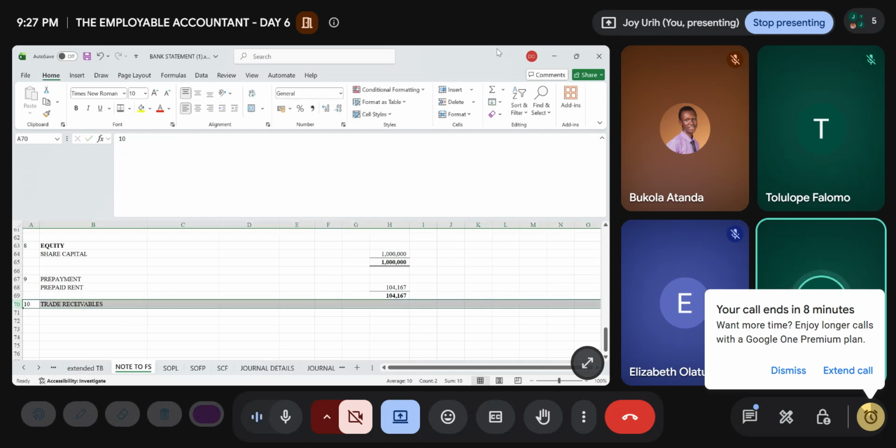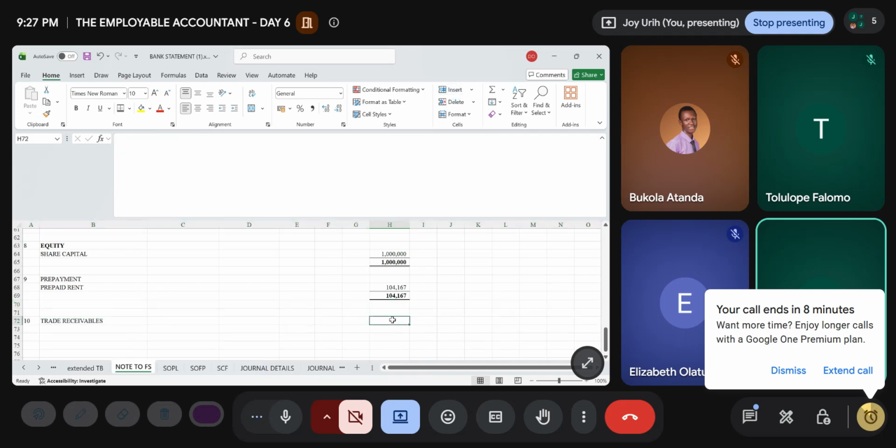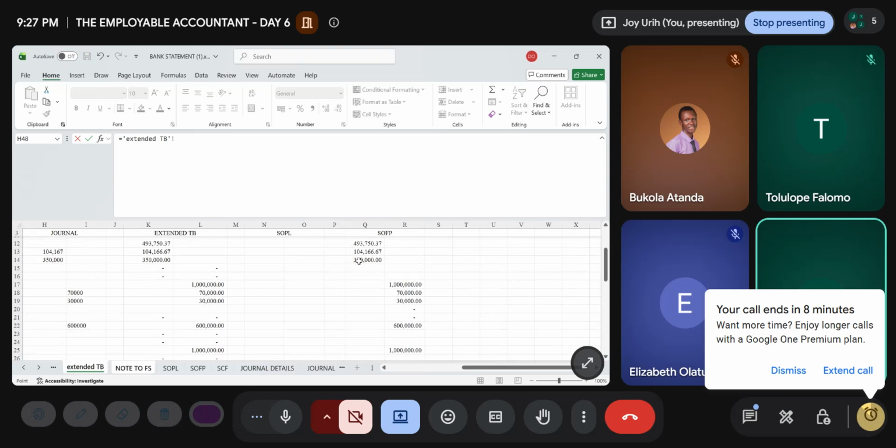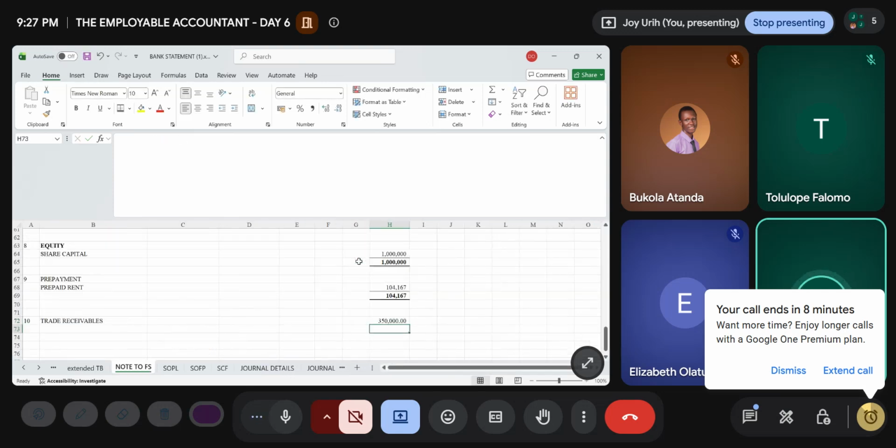And this is too close. So I'm bringing it from my extended TB, 350,000. So I think we are short of time already.